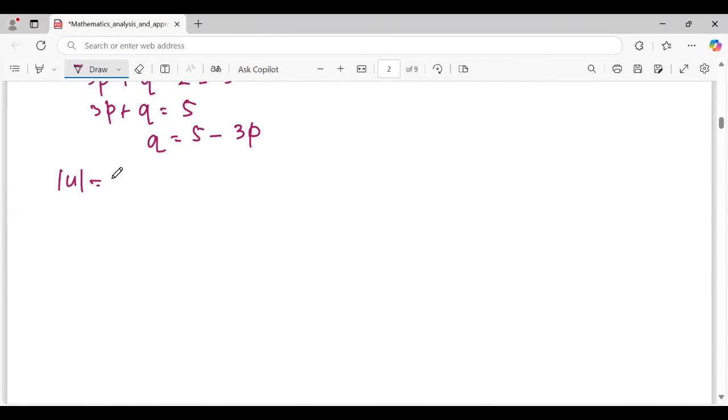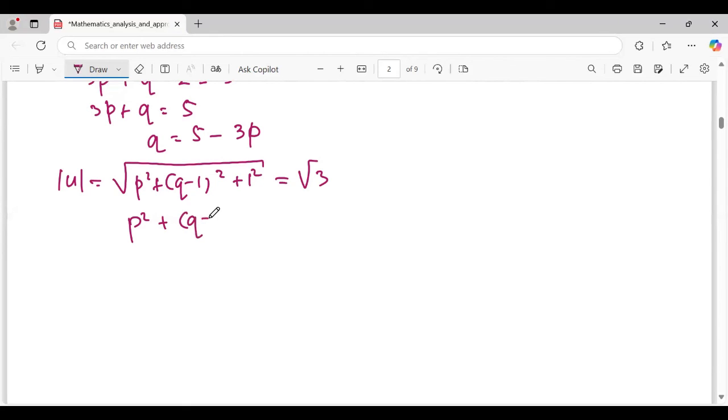Modulus u equals square root of p squared plus q minus 1 squared plus 1 squared, equals square root 3, or p squared plus q minus 1 squared plus 1 is 3.